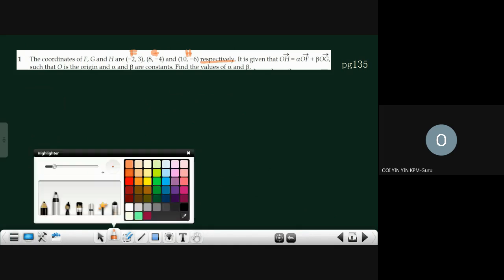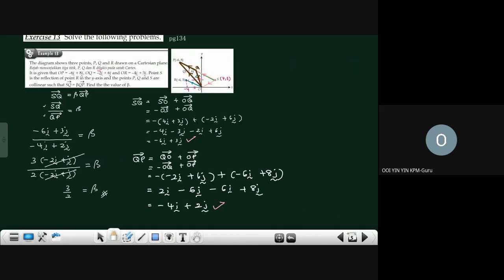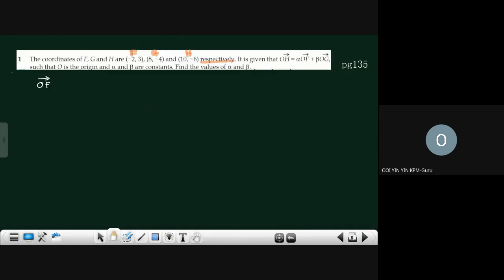Then I told you, if we know the coordinates, that means we can know the vector for the point. If you know the coordinate, you can write the vector starting from your origin O. O to F will be vector OF, with an arrow on top because it is a vector.